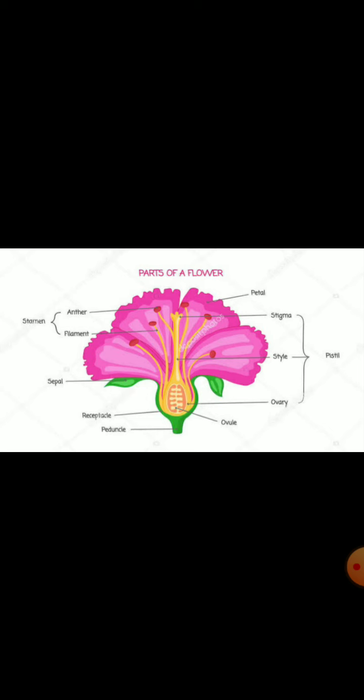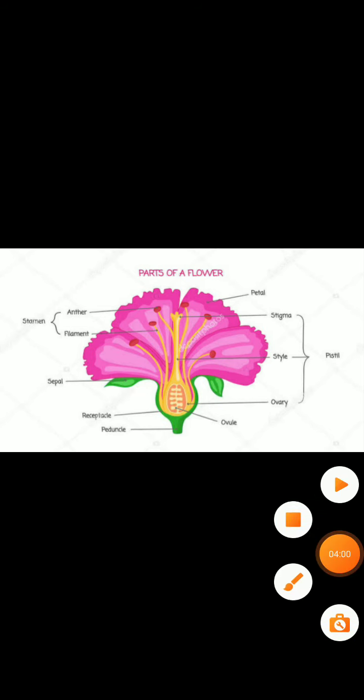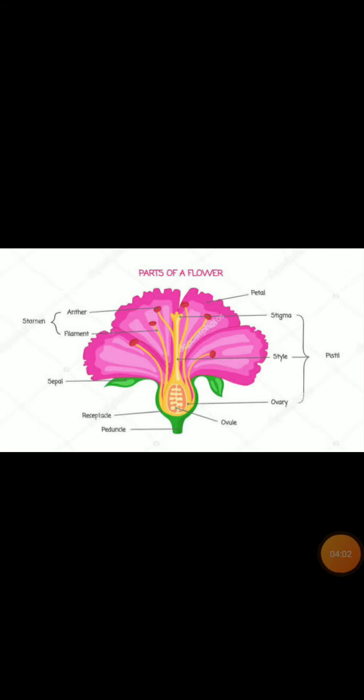Sepal ensures protection to the flower. Then we have peduncle, which is also called stalk, which holds the flower. Also we have receptacle, which is the thalamus, the swollen part of a flower.